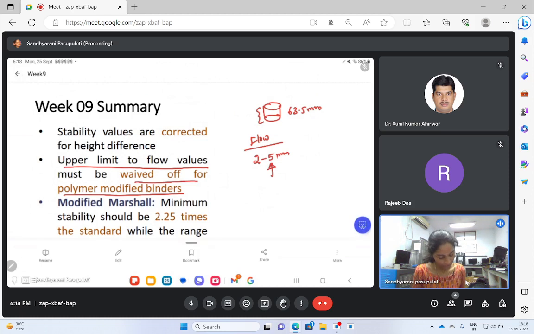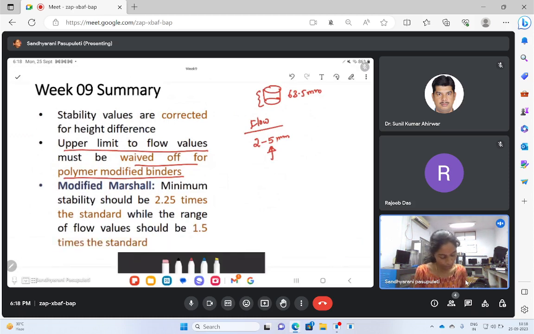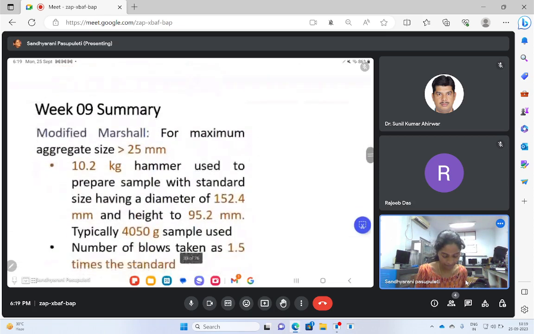In the cases where NMAS is more than 25, as we were discussing previously, if we want to perform the modified Marshall mix design, those specimens should be tested for stability and flow again, but the stability of those specimens would be around 2.25 times the standard, and the flow value should be around 1.5 times the standard.